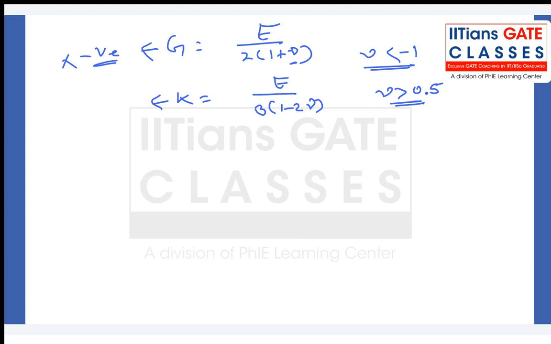So that's why nu should always be lesser than 0.5 and greater than -1. So the lower limit of Poisson's ratio is decided by G and the upper limit is decided by K. Clear? Why nu is always between -1 and 0.5. Clear, everybody?